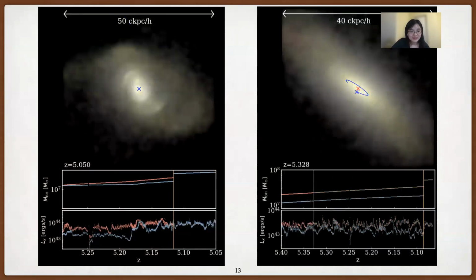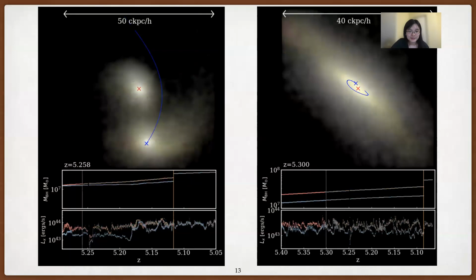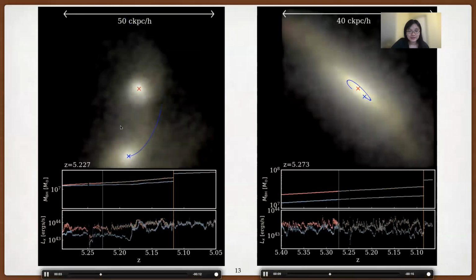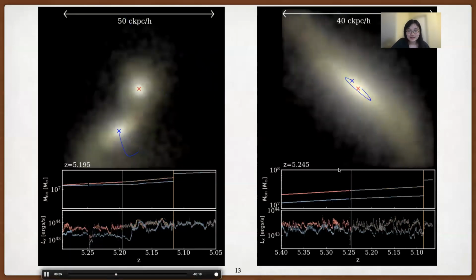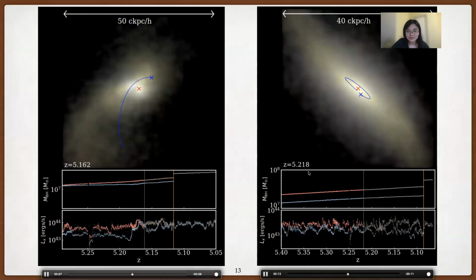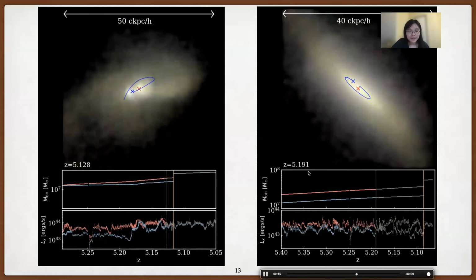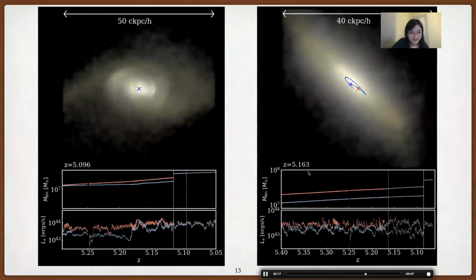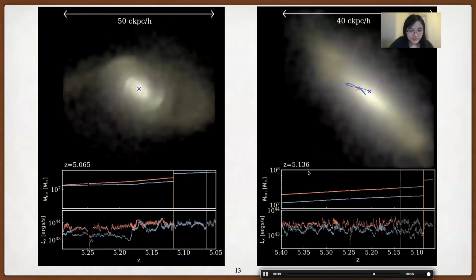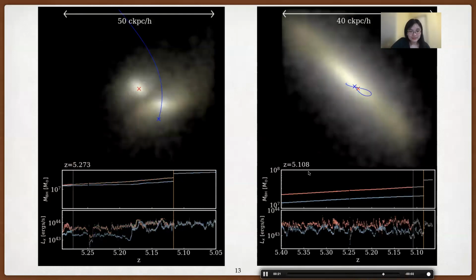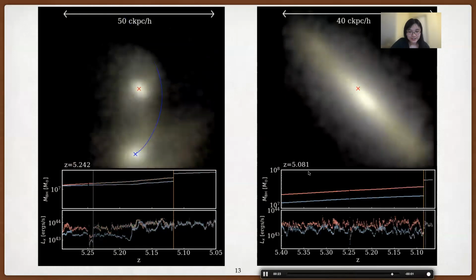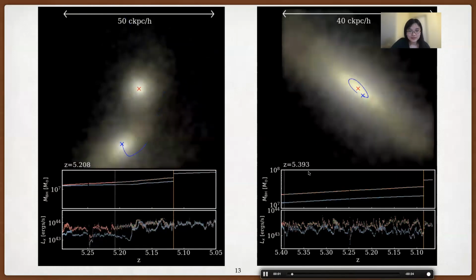We can see that in some cases, the merger timescale is relatively short after the host galaxies merge, and in other cases, the merger timescale is much longer. Yueying will give us a more detailed explanation of the implementation of dynamical friction and the timescales.